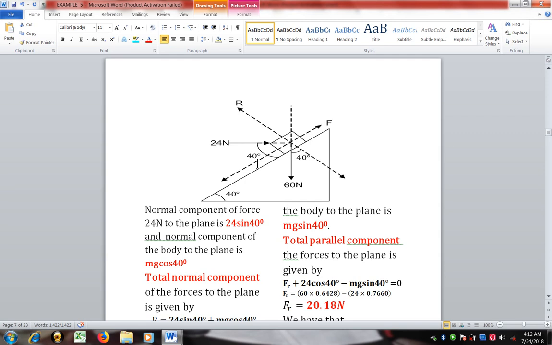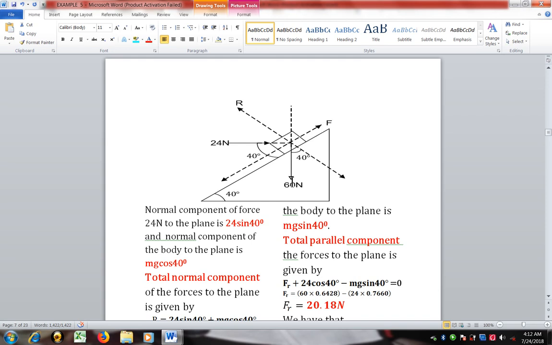And also the component of the weight parallel to the plane: the angle between the weight and the perpendicular direction is 40 degrees, so the component of the weight parallel to the plane is going to be 60 sin 40 degrees, or mg sin 40 degrees.